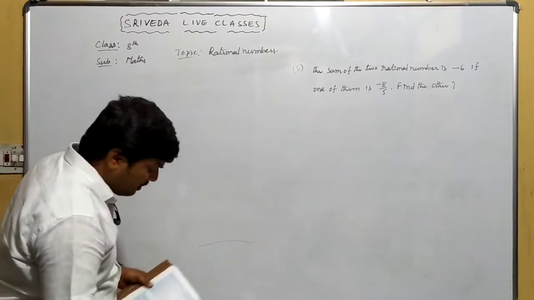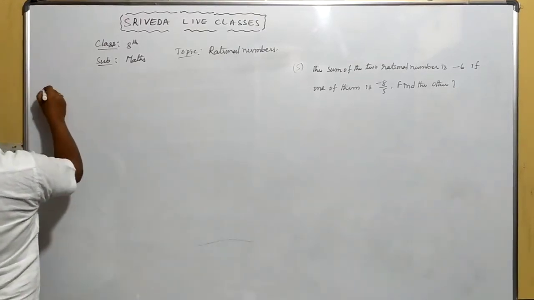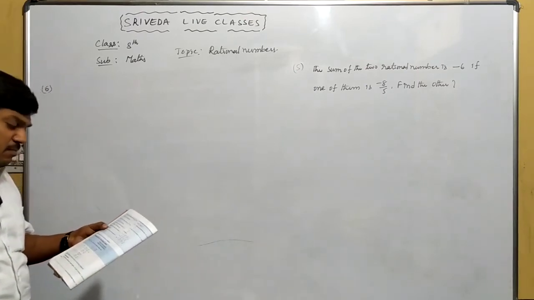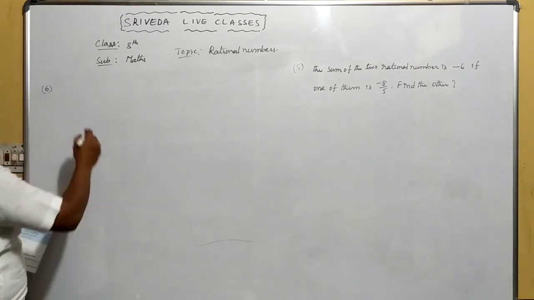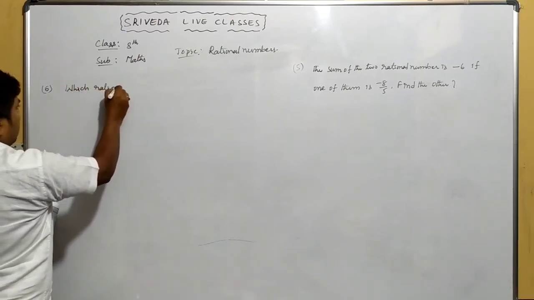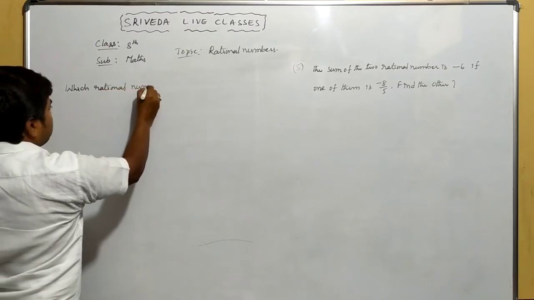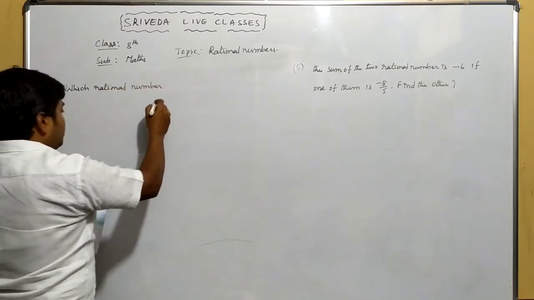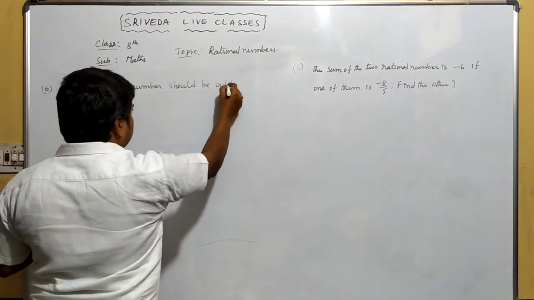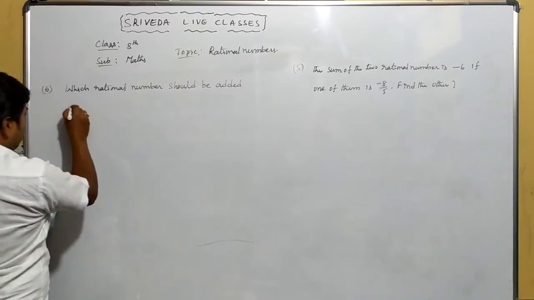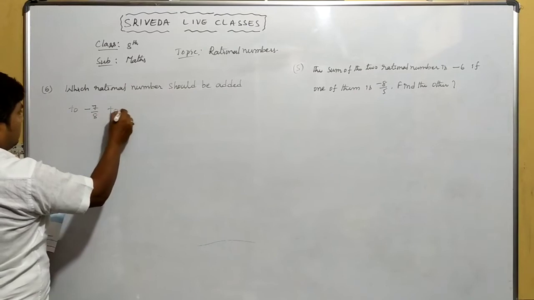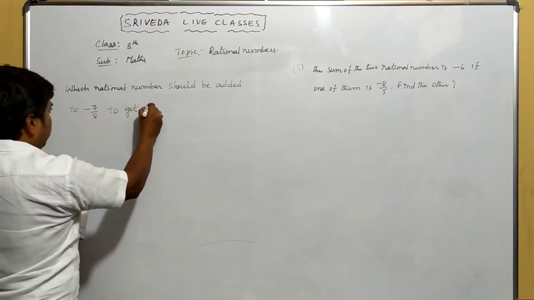We'll go through the sixth problem. Which rational number should be added to minus 7 by 8 to get 5 by 9?